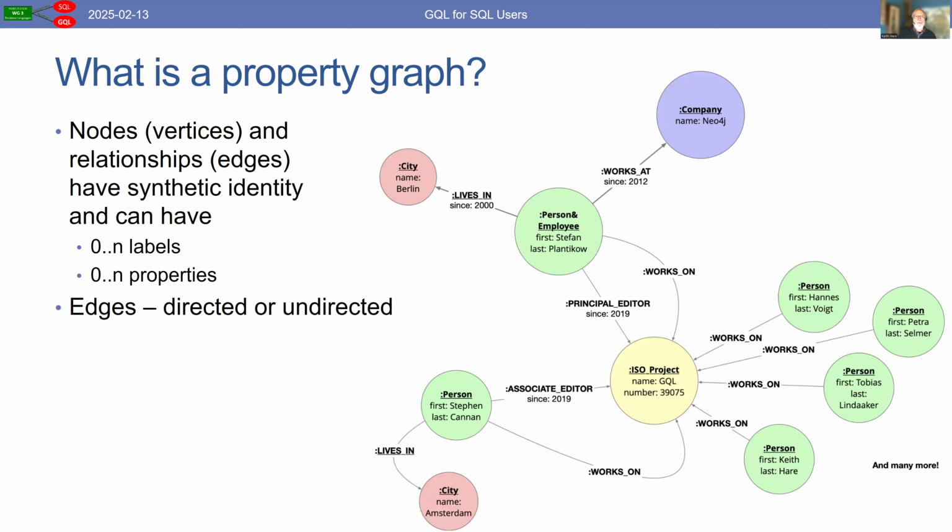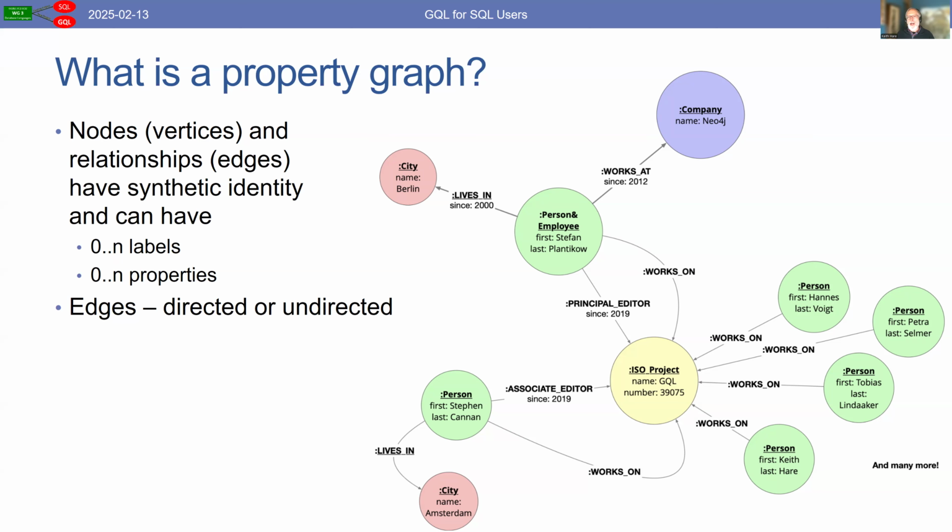What is a property graph? Well, property graphs talk in terms of nodes and relationships, also sometimes called vertices and edges. And these have an identity so that they can be distinguished. A node and an edge can have 0 to n labels and 0 to n properties.